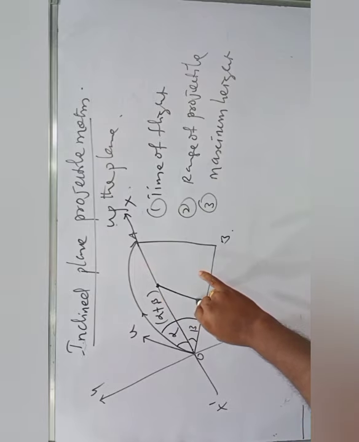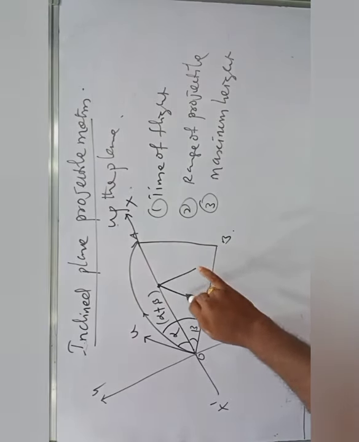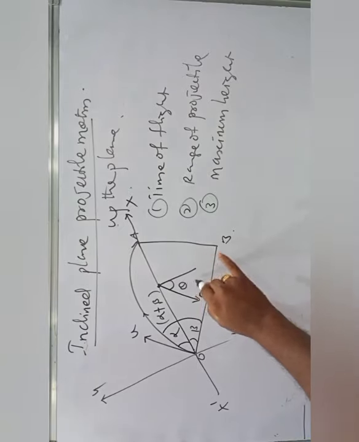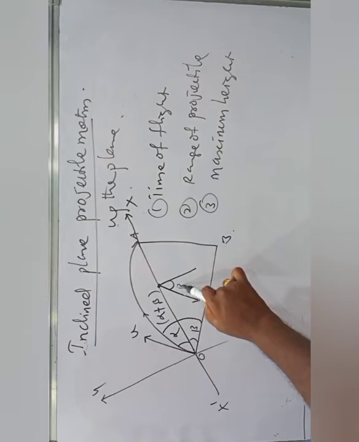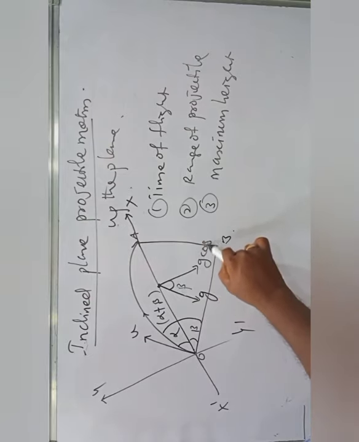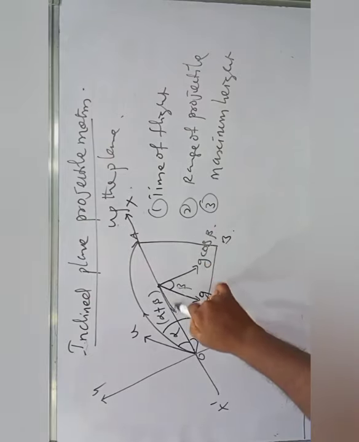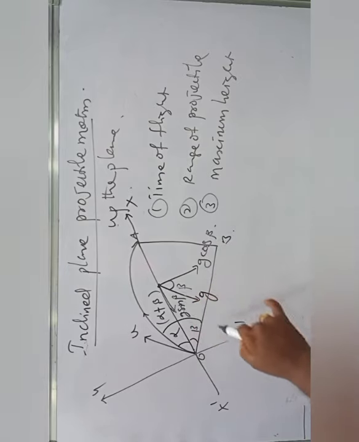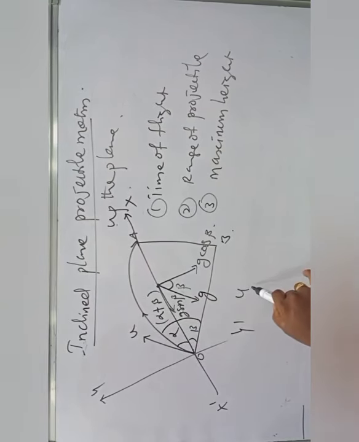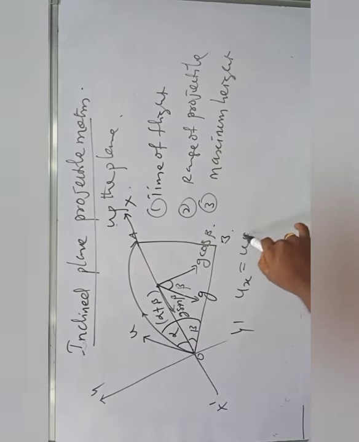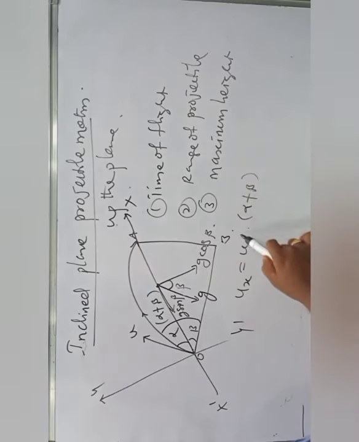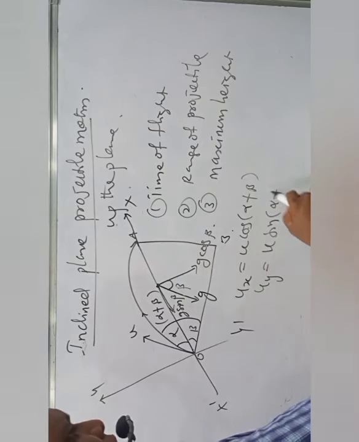The acceleration due to gravity is resolved into two components, that is g cos beta and g sin beta. Here u is resolved into ux equal to u cos(alpha plus beta), uy equal to u sin(alpha plus beta).